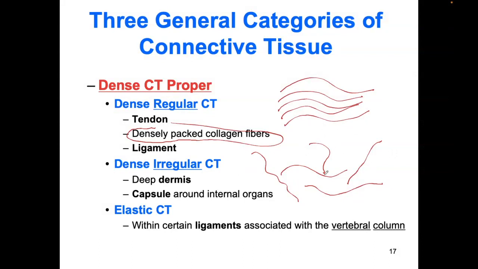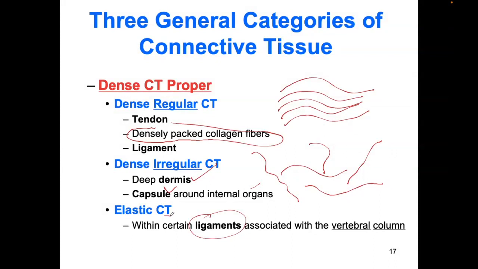That's because of dense, irregular connective tissue. Okay, so we find it in the skin, we find it around the capsule, around internal organs, we'll find it in the eyeball, dense, irregular. Understand the concept there. Elastic connective tissue, these are found in certain ligaments.